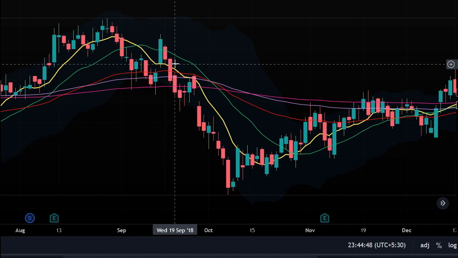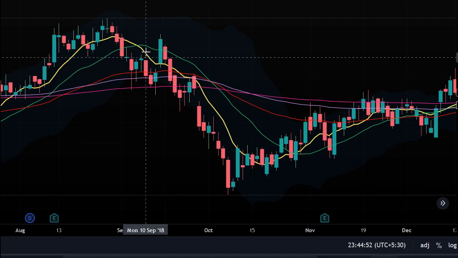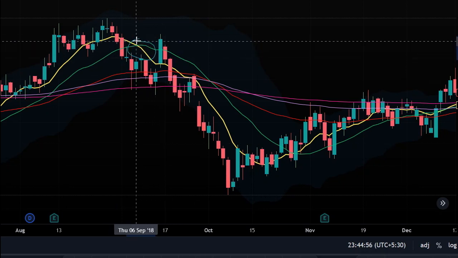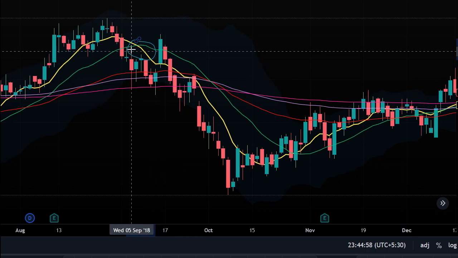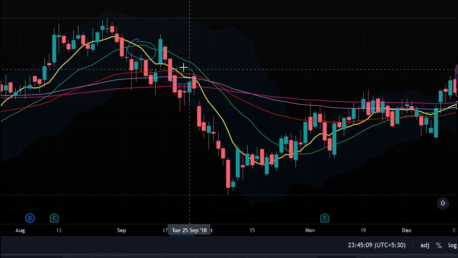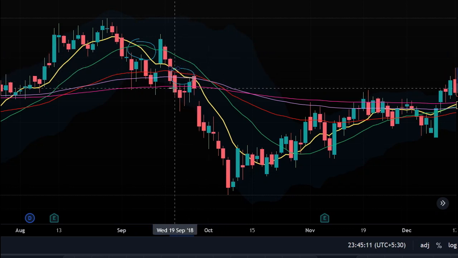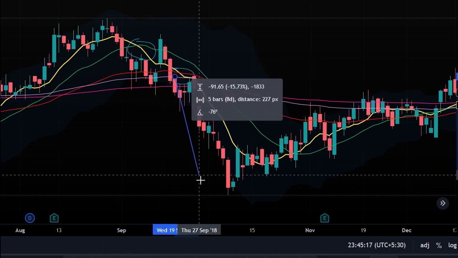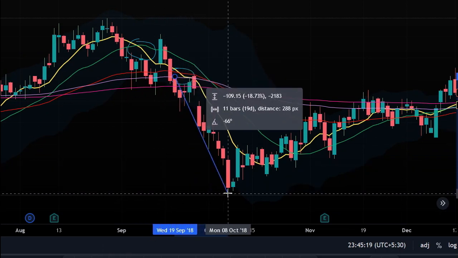Like in this case, this 5 moving average has crossed the 20 moving average, and the price is also below them, and just after it crossed the 50 moving average, just see the fall, 50% fall in just 2 weeks.